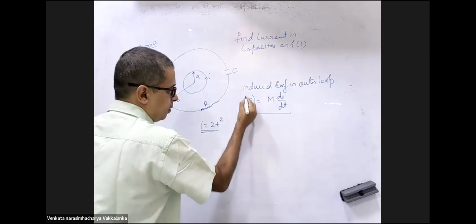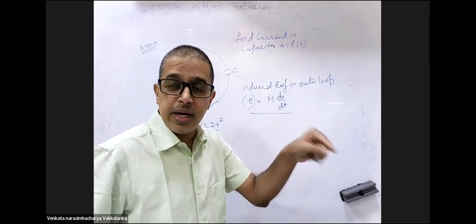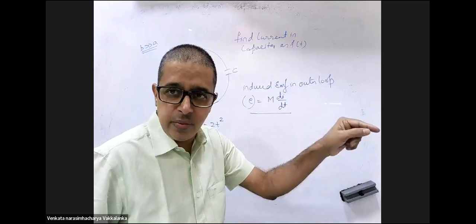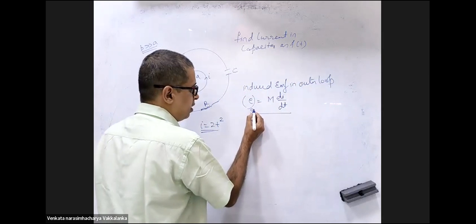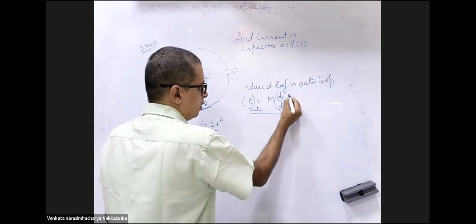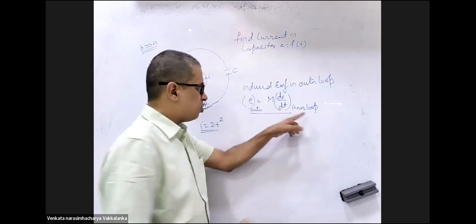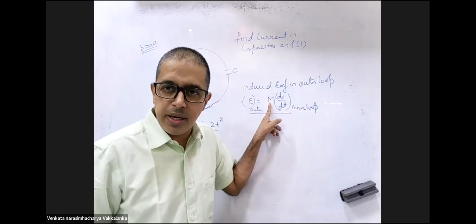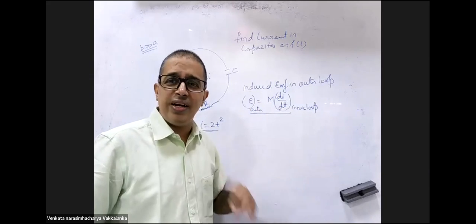This is the outer loop. Mutual inductance comes into the scene when you take current or rate of change of current in one and EMF in the other. This is the induced EMF in the outer loop. This is in the inner loop. If they were in the same loop, what would this symbol be? L, self-inductance.